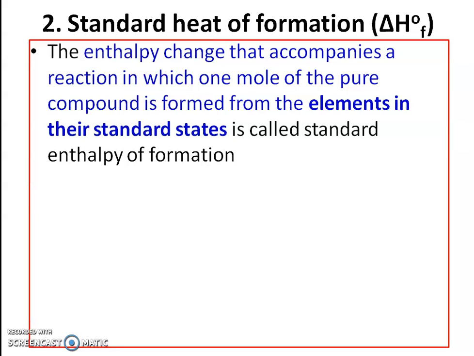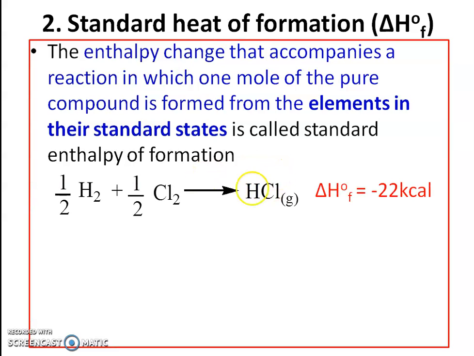For example, suppose you consider the formation of hydrochloric acid, HCl, hydrogen chloride. Hydrogen chloride is considered to be formed from pure hydrogen and pure chlorine. These are the elements in standard states. So half mole of hydrogen reacts with half mole of chlorine gas, and there is a formation of 1 mole of hydrogen chloride.